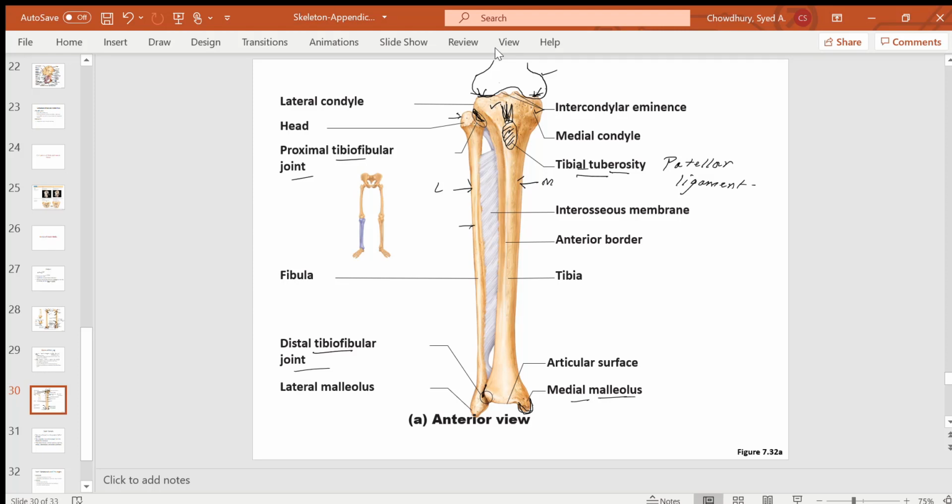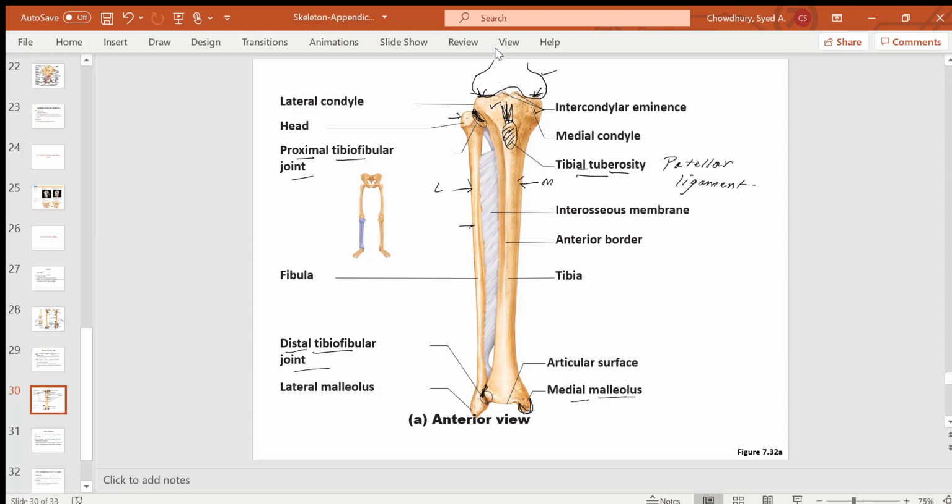So these two bones are attached to each other in a very similar way to radius and ulna. You remember radius and ulna, those two bones also join to each other at their upper and lower ends and form proximal radioulnar and distal radioulnar joints.